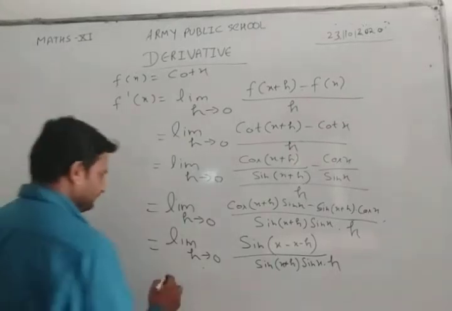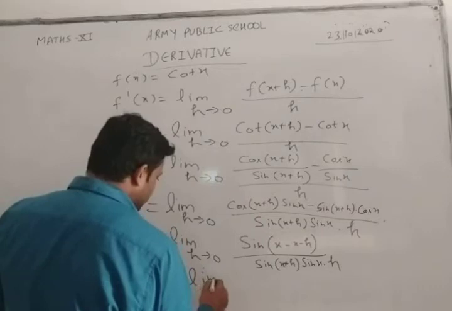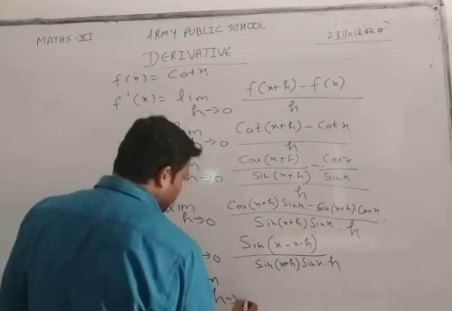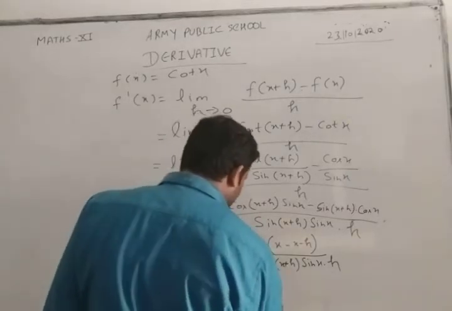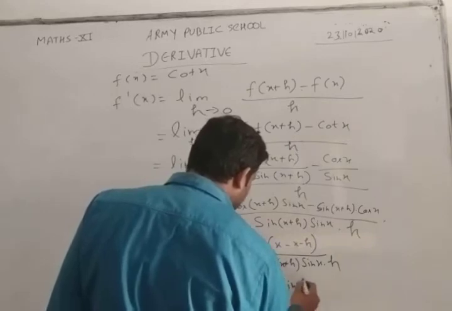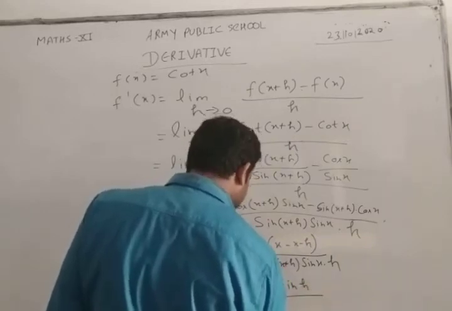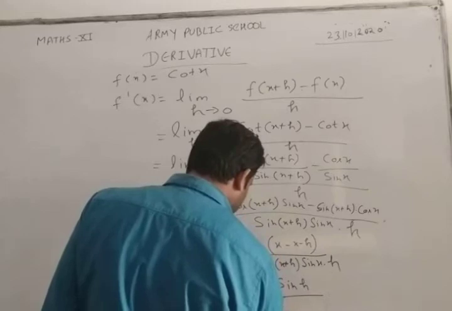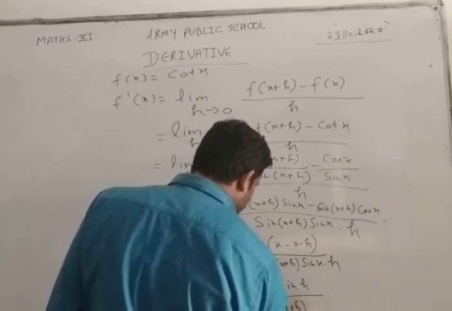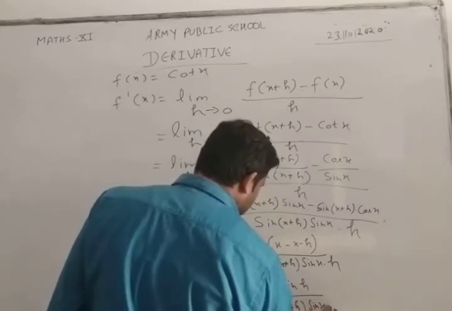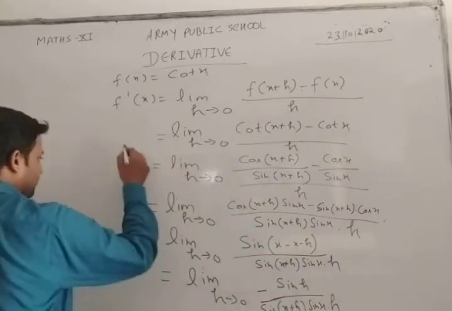Now let limit h tends to 0. This is sin minus h, so we can write minus sin h by sin x plus h sin x into h.